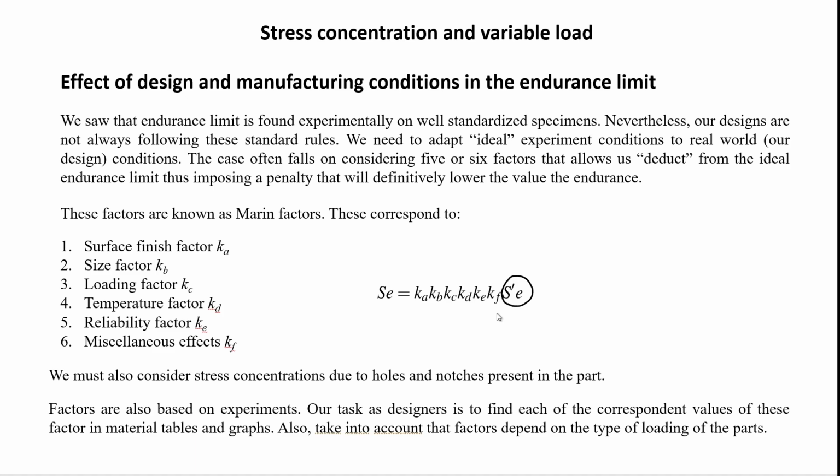Now, let's keep track of something. I just want you to see this from the point of view of the practicality of mechanical design. So we started with the ultimate strength.